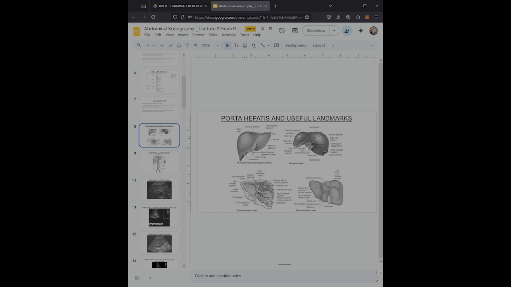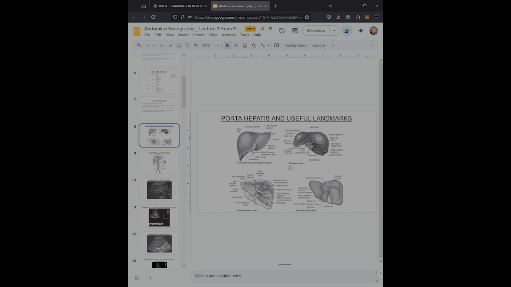The falciform ligament can be appreciated near the left portal vein in most persons, and we see it in the transverse scan, and it often appears as a hyperechoic triangular-shaped structure between the left and right hepatic lobes.